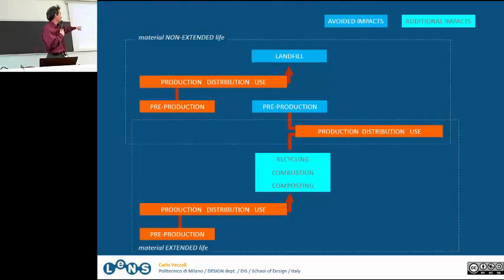I have some additional impact there because the recycling is not without any impact. When I have to recycle, I have to collect the product, I have to transport it, I have to make some processes to make this reusable as a polymer for injection molding or other processes, to be used for the same product.